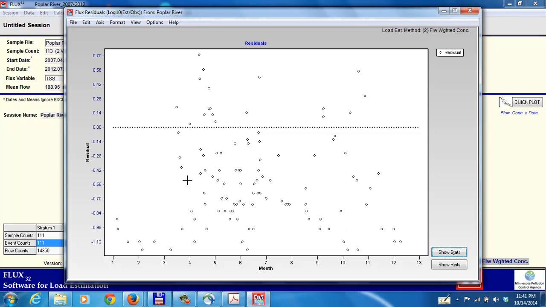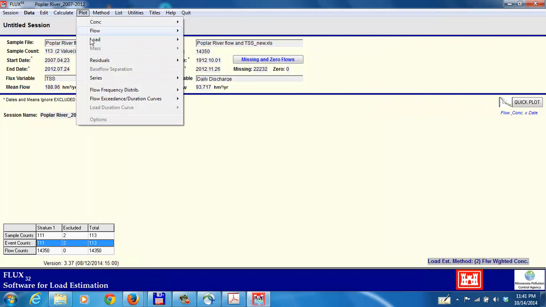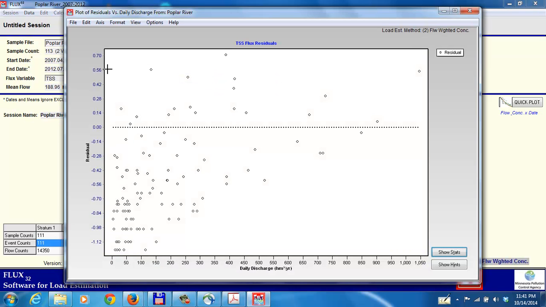Much larger negative residuals at a given month than what you see for the positive residuals. It's unbalanced. And then if we do it versus flow, there again we do see that there appears to be some bias, that at the lower flows there's a much larger negative residual than positive residual, so it does appear to be unbalanced down there as well.